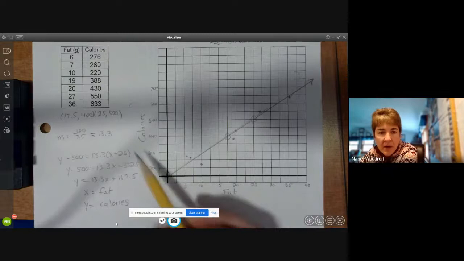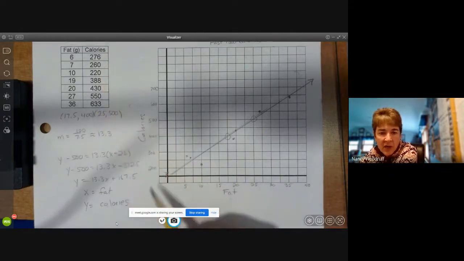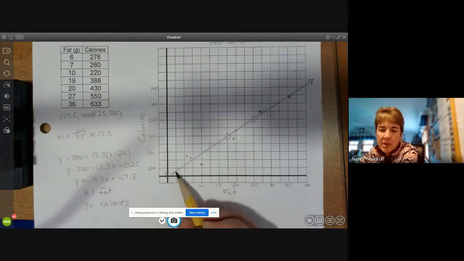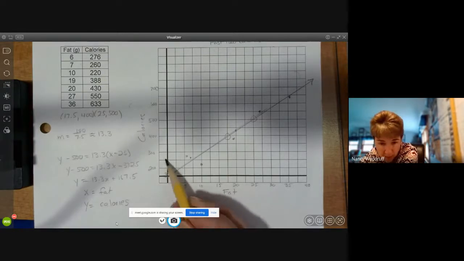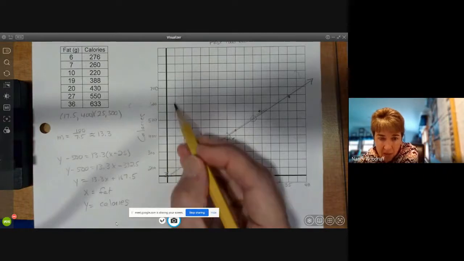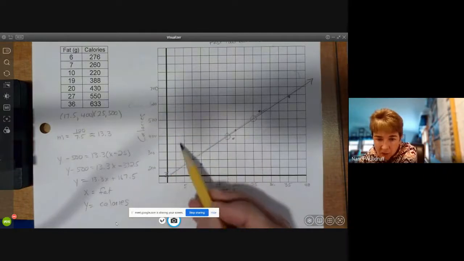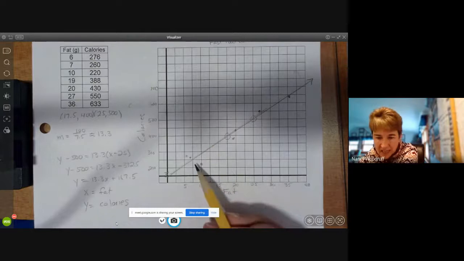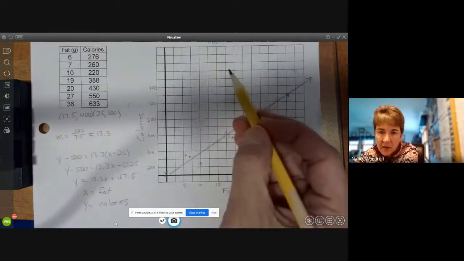On the way up, I noticed that the smallest was 220, so I have a break in the graph. My y-intercept is not going to be good because this line hits below it. And I'm going up 50. Again, that's to, number one, spread the data so you don't have this tiny little graph, and also to center it so it's not sitting up here.